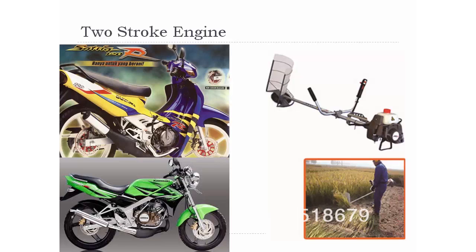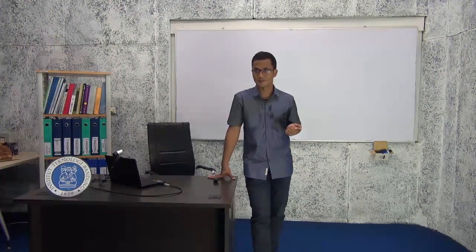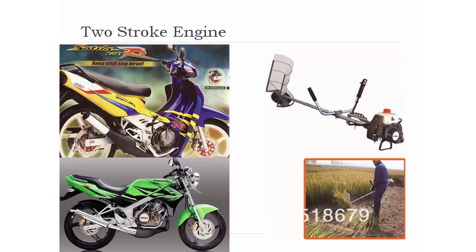The bottom one has a 150cc engine, and the top one has, if I'm not mistaken, a 120cc engine. These two are very famous because they are very fast. It's fast because the power is huge and it's very light as well. As I mentioned in the previous slide, the two-stroke engine normally has an advantage in weight.